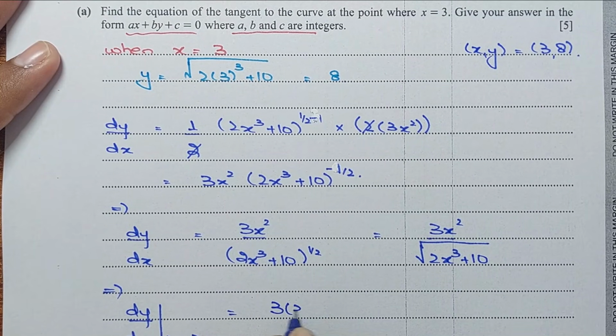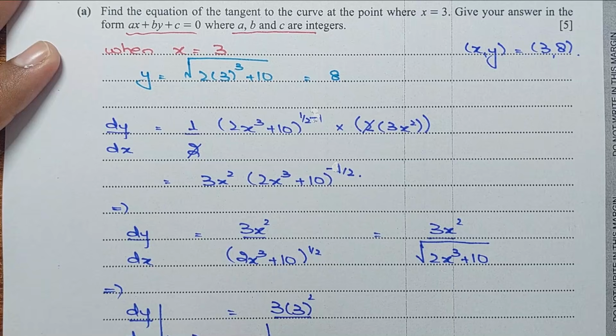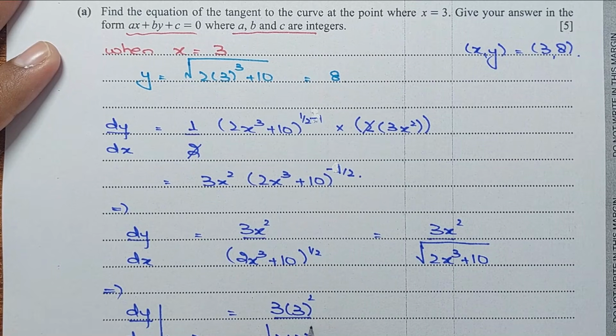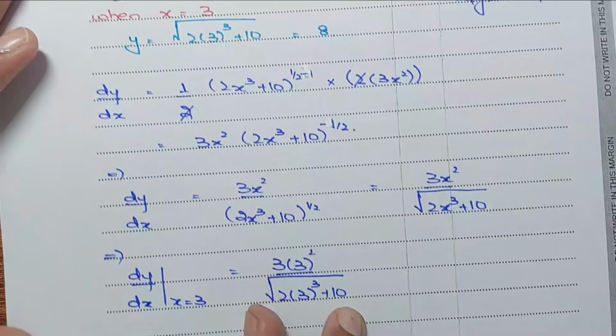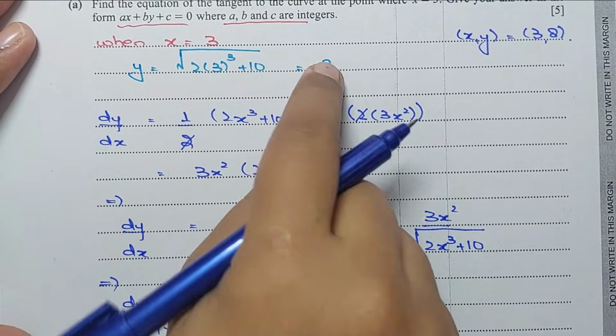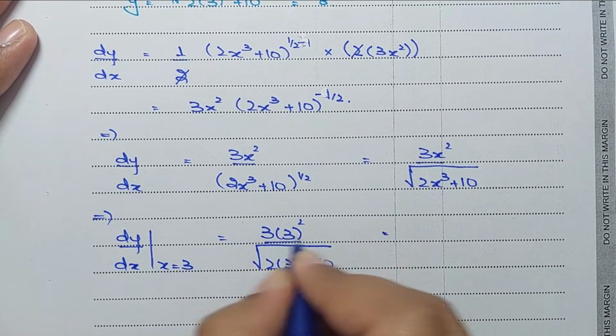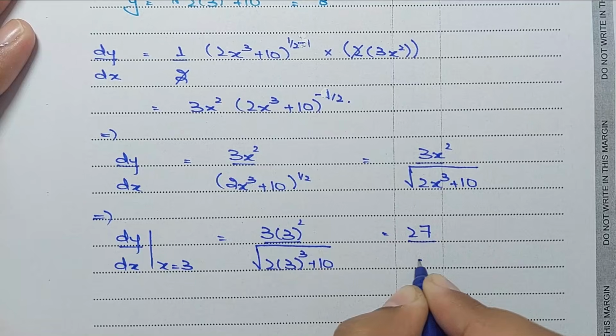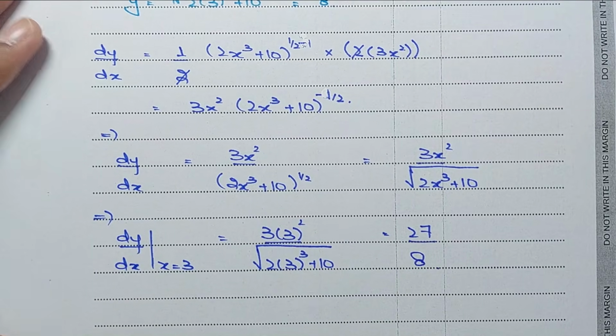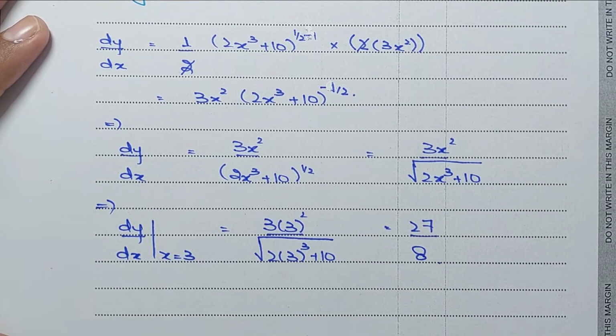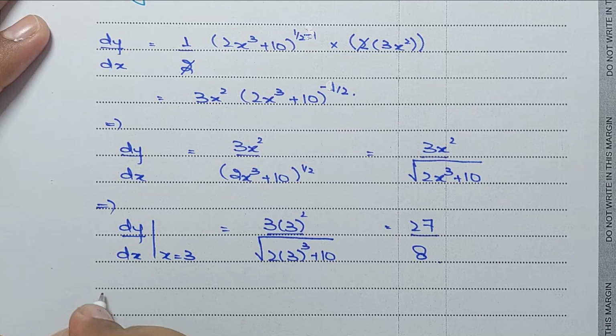So 3 times 3 squared over root of 2 times 3 cubed plus 10. We have done this value, it is 8. So 3 cubed is 27, 27 over 8. Yeah, that is the gradient. Now the equation of tangent.